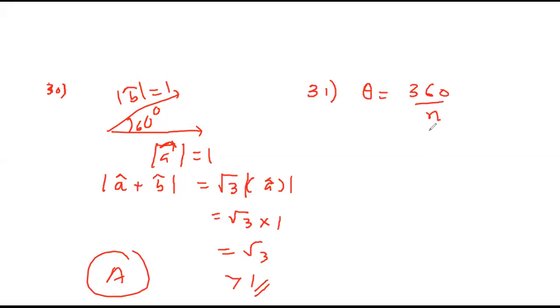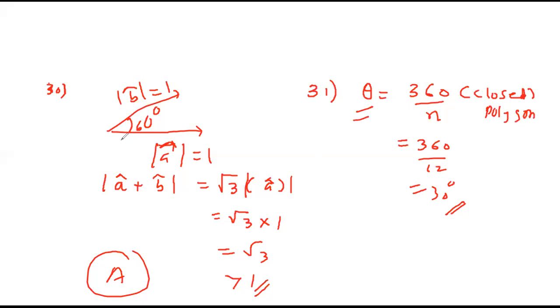These are a total of how many vectors? 12 vectors. So 360 upon 12 equals 30 degrees. So the angle is 30 degrees between the two vectors. Equilibrium means net force 0; then it forms a closed regular polygon, and the angle for a closed polygon is 360 upon the number of sides, that is 12.